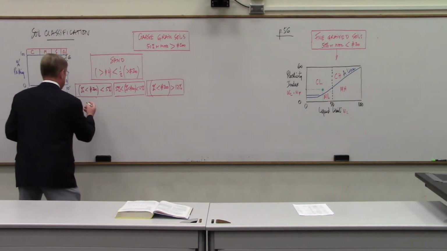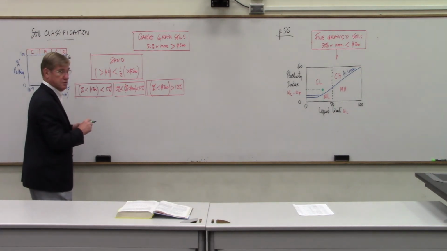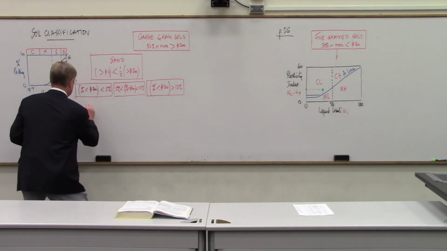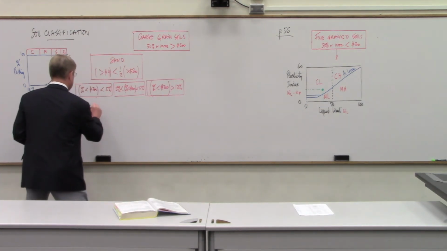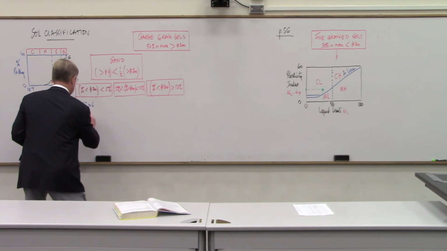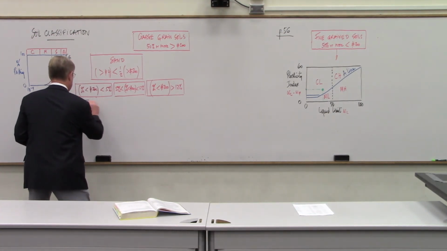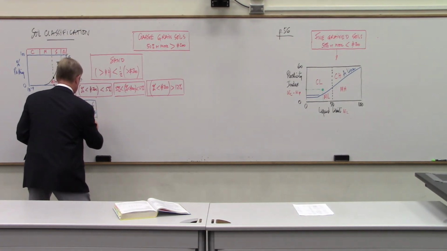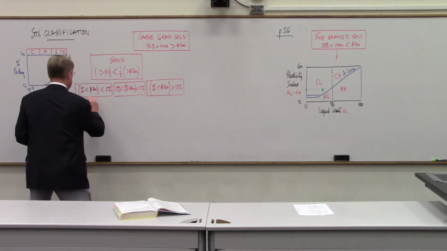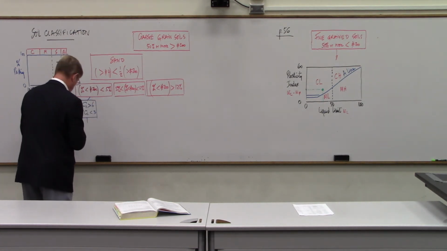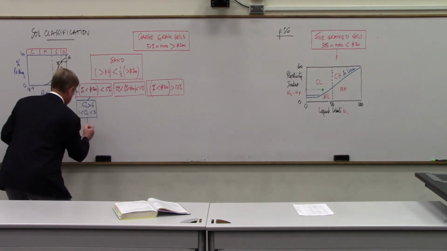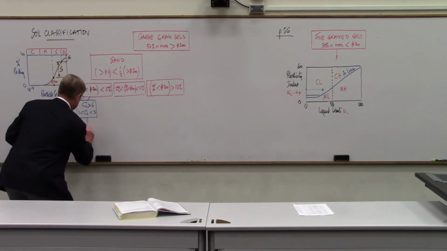And so here, the first, we said C sub u larger than, what was it, 6? Yeah, larger than 6. And C sub c between 1 and 3. All right, that was our first box. And in this case, we concluded that it would be an SW, a well-graded sand.